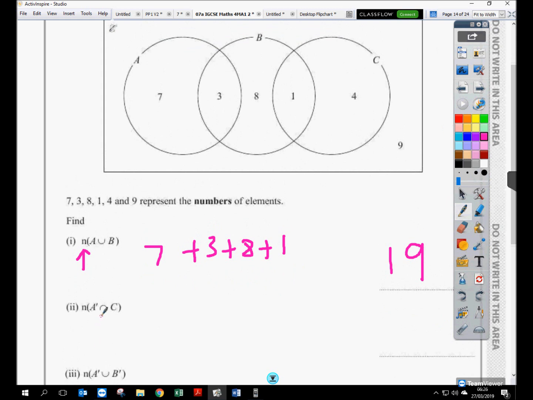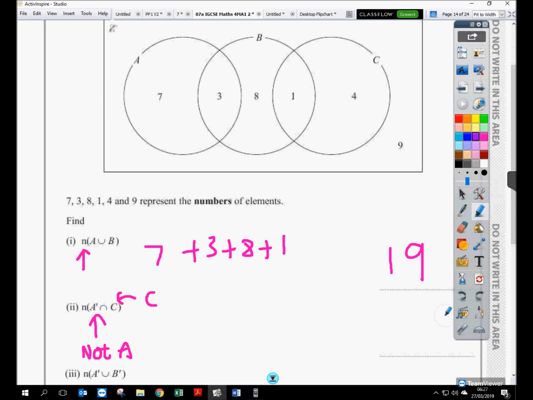The next section says the number in A complement and C. So not in A, and in C. Let's use the highlighter.